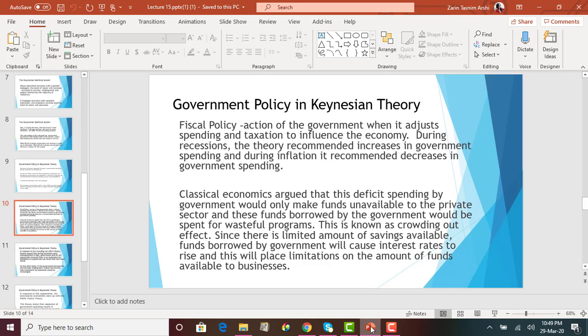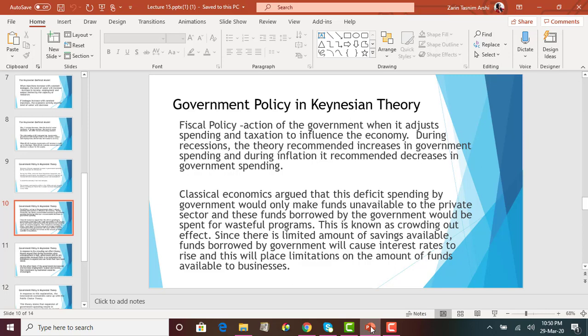So fiscal policy is a type of Keynesian model, and what it basically says is that anytime the government changes its spending, or anytime the government changes its taxes, that will be classified as fiscal policy. Anytime the government adjusts spending or adjusts taxation to influence the economy, that is known as fiscal policy.